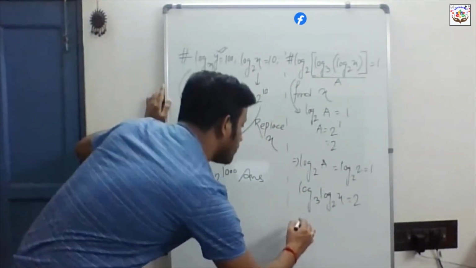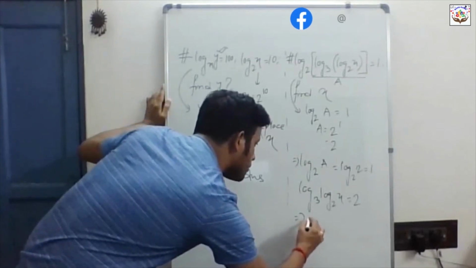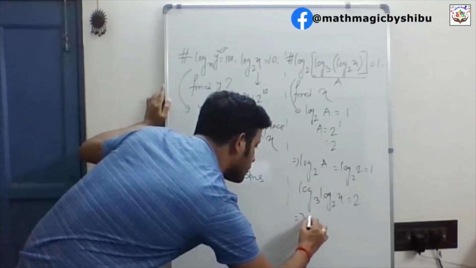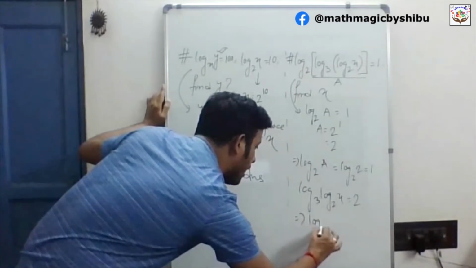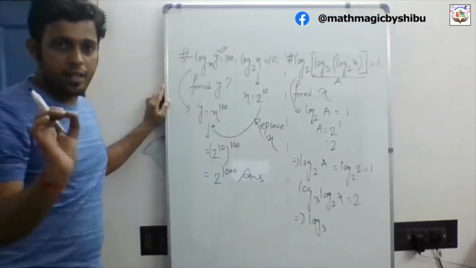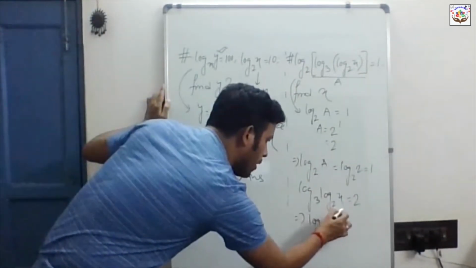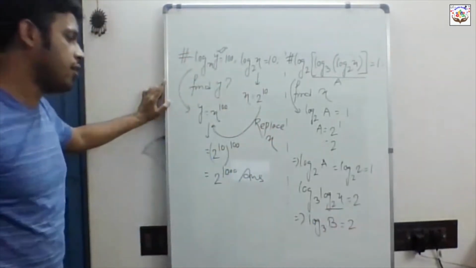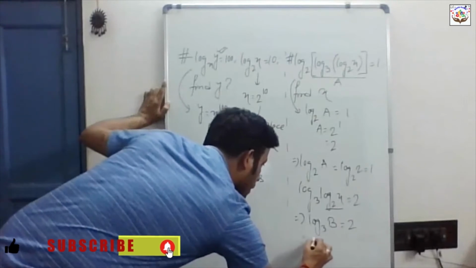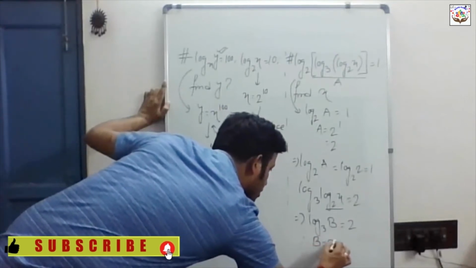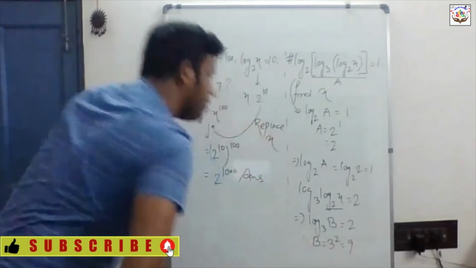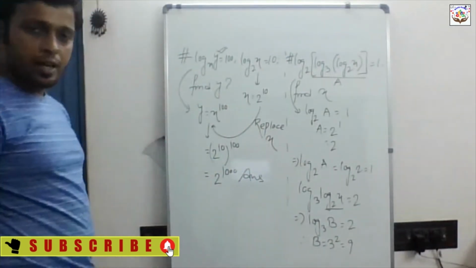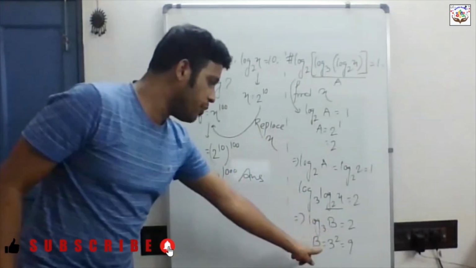Now if we assume again, see it carefully, if we assume this part as b, then b equals 3 square, which is 9. That means, which is b?